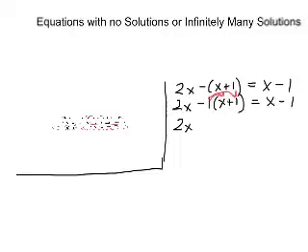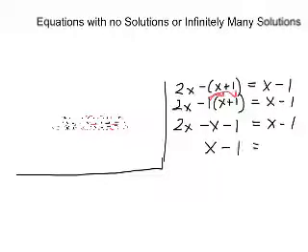And you get negative x minus 1 equals x minus 1. Now we combine like terms on the left-hand side. 2x minus x is x, minus 1 equals x minus 1. So you can spot it now. It's exactly the same on both sides, so there are infinite solutions. You could add 1 to both sides if you wanted to, and you would have x equals x. So that's infinite.